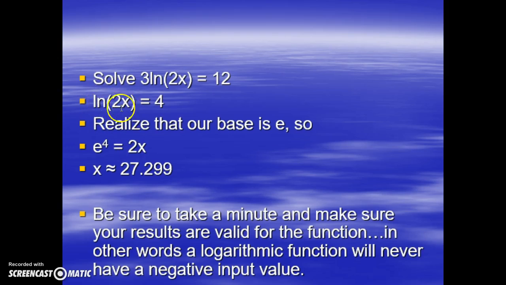But if I raise what's on the left-hand side and put it as an exponent to a base of e, I've got to raise what's on the right-hand side and make it the exponent to a base of e. And then we just take e to the 4th, our calculator can do that for us, and divide by 2, we get 27.299.